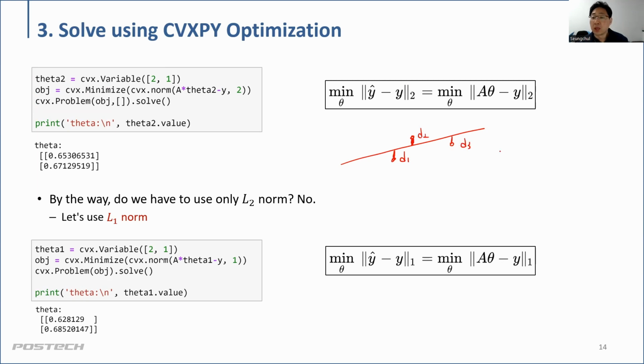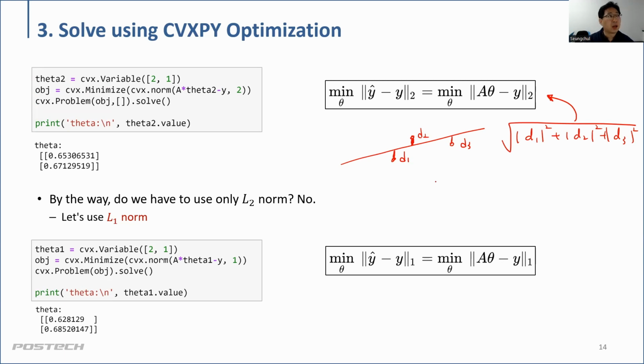Suppose we have only three data points, then squared, that's the definition of the two norm.